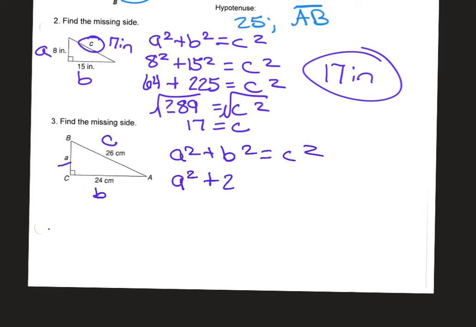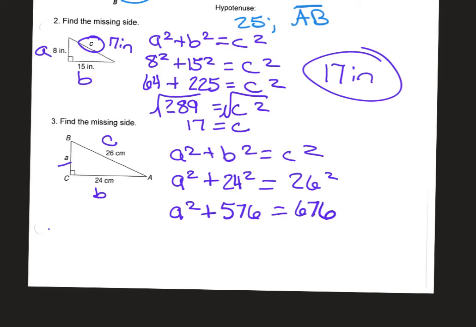B is 24, so I square 24, and C is 26. Again, we're going to use our calculators. We're going to square 24, 24 times 24. You should get 576. Make sure you're working these out. 26 squared, so 26 times 26 gives you 676. Good.